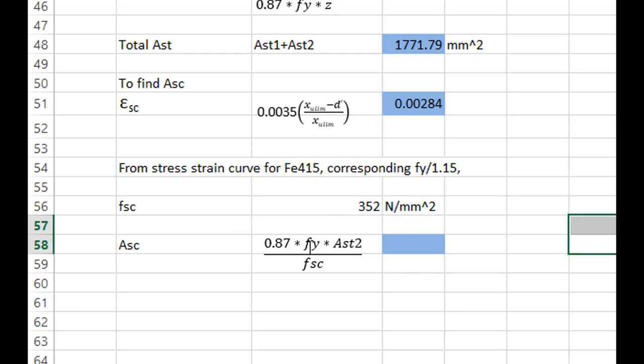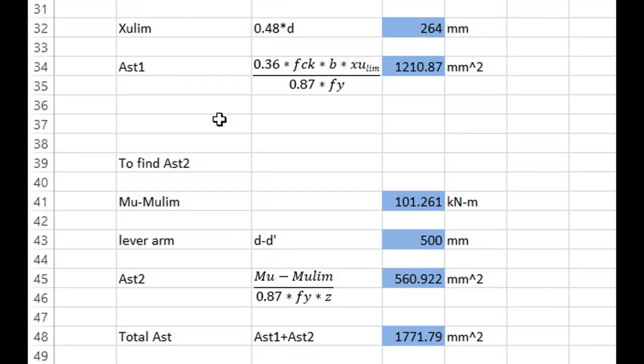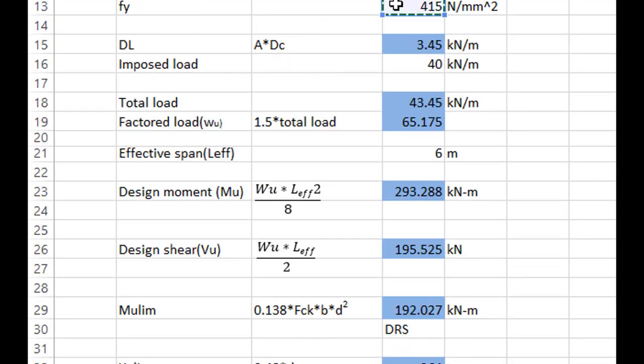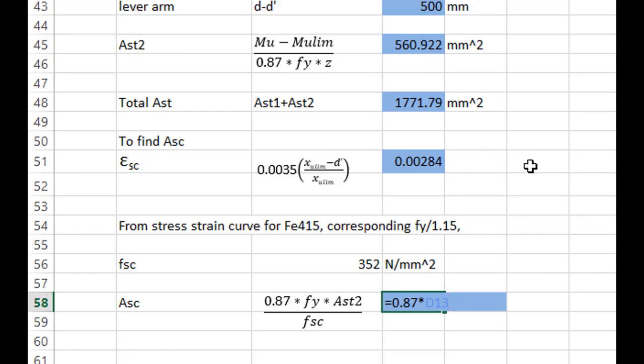Then we have to calculate the area ASC. So for that we have this formula: 0.87 into Fy into AST2 divided by FSC. So let us go ahead and put the values here. So Fy is 415 into AST2 is this value divided by FSC we have calculated here.